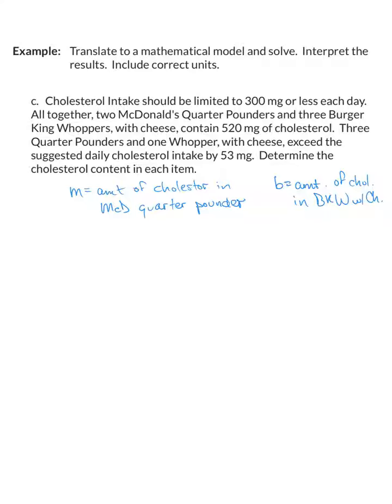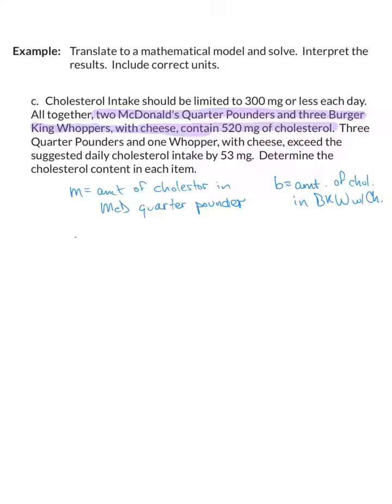Okay, so we have, it says 2 McDonald's Quarter Pounders and 3 Burger King Whoppers with cheese contain 520 milligrams of cholesterol. So what can we do in terms of the equation?